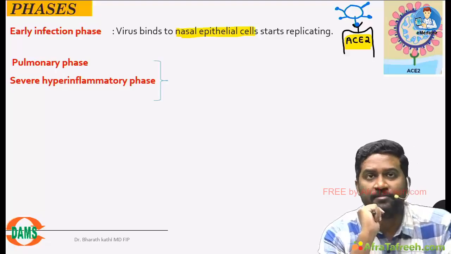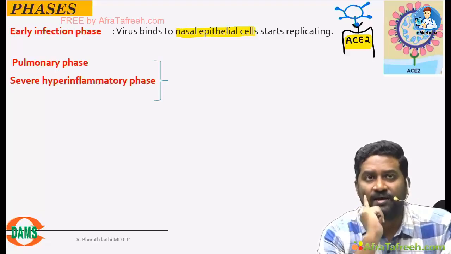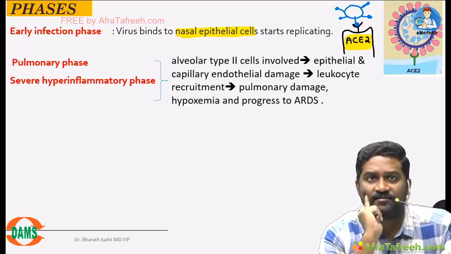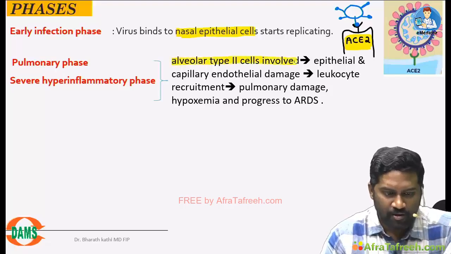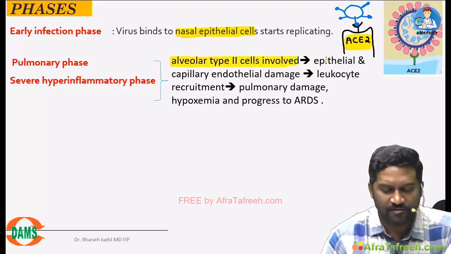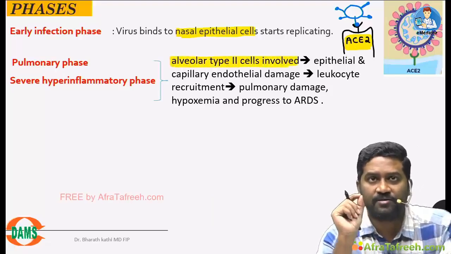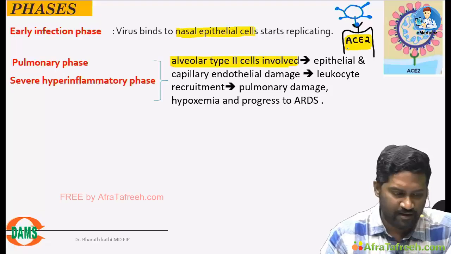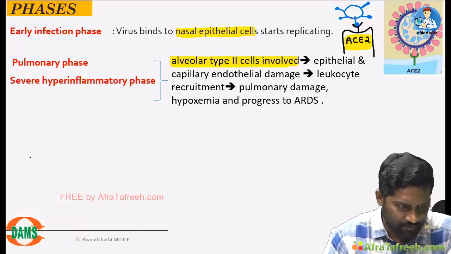Within the pulmonary phase, the virus particles enter the lung. In the lung, the target cell is the alveolar type 2 cells. Again on the alveolar type 2 cells, you have ACE2 receptors. So the virus binds to the alveolar type 2 cells. Once it binds, what will happen?